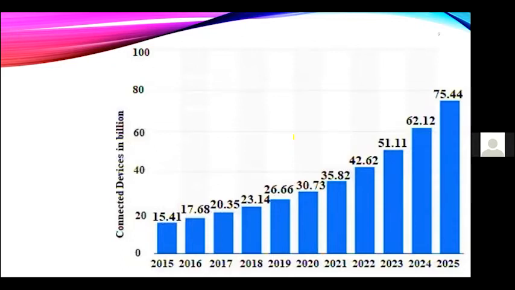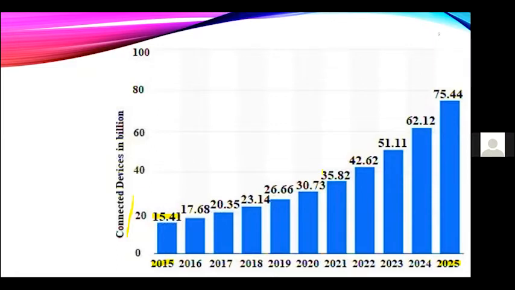So this chart I am having is about the connected devices in billions from year 2015 to 2025. Connected devices means devices connected through the internet, since we are talking about IoT. In 2015, it was around 15.14 billion devices connected through the internet.